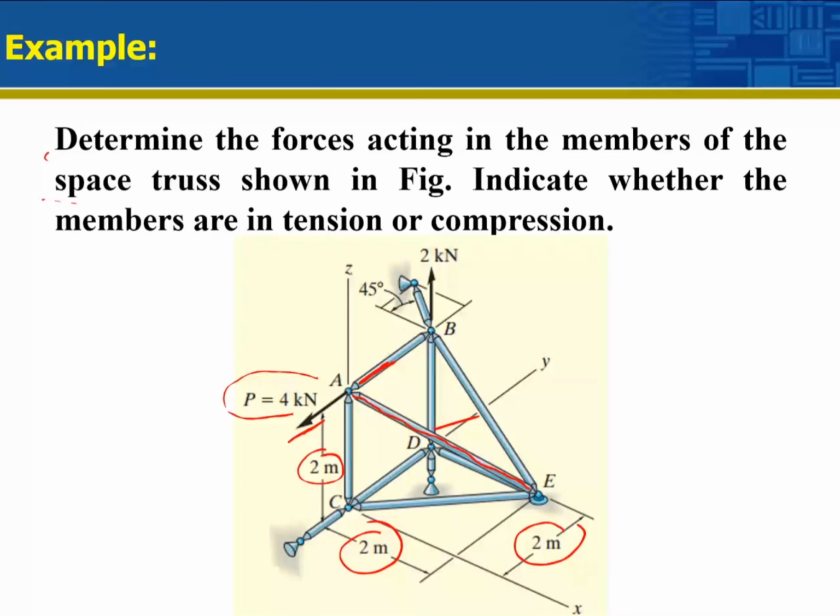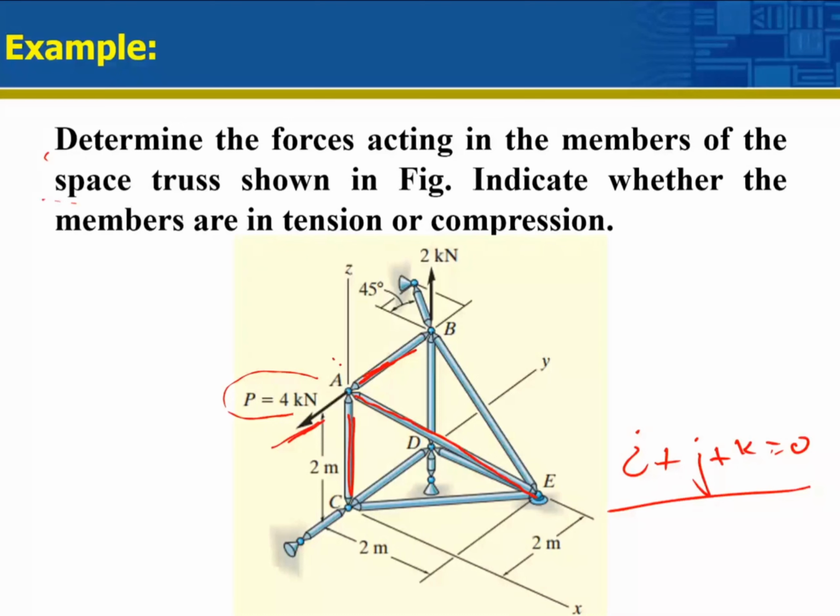The rest of the three are already in vector form. The active one is 4i because it's in the x direction. Where's the x direction? That's the x direction.